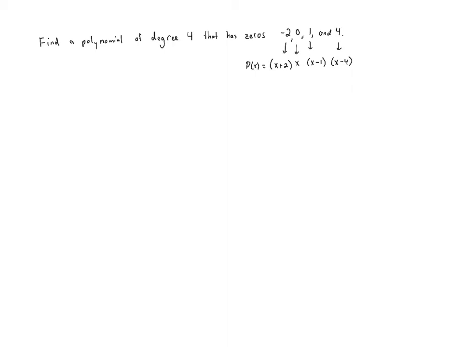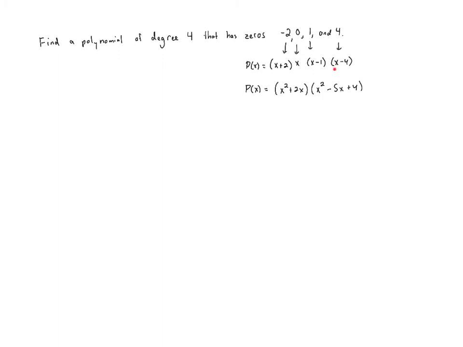And if we go through and multiply all of this out, we can get it in a more standard form. X plus 2 times x is going to be x squared plus 2x. X plus 1 times x minus 4 is going to be x squared minus 5x plus 4.